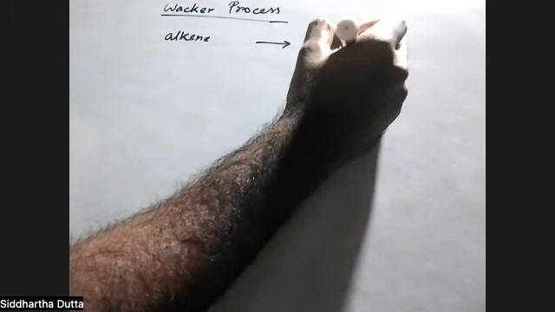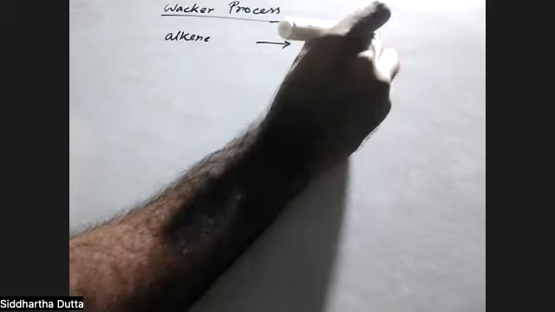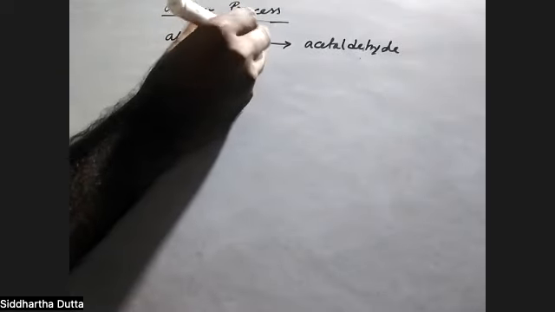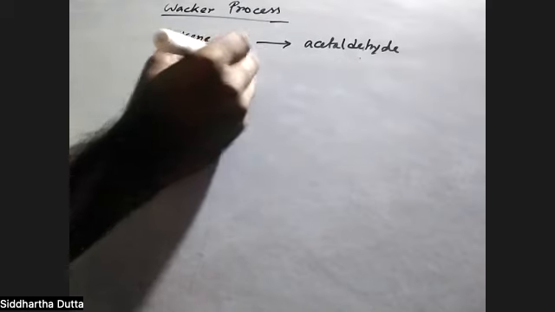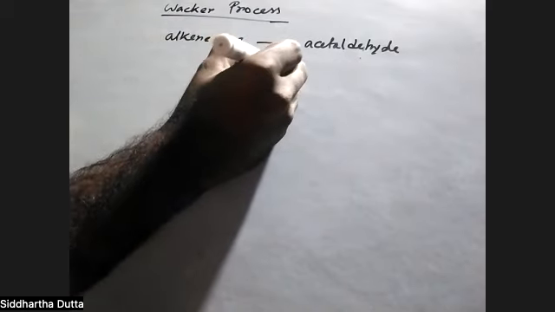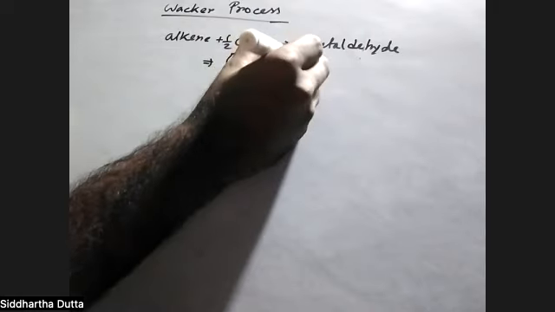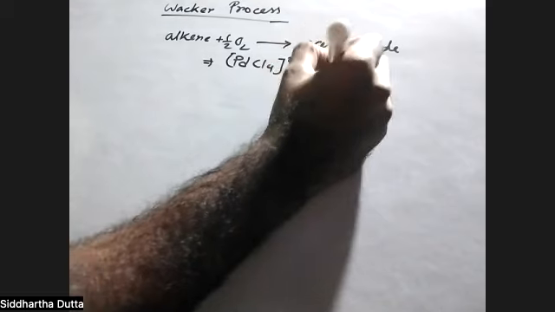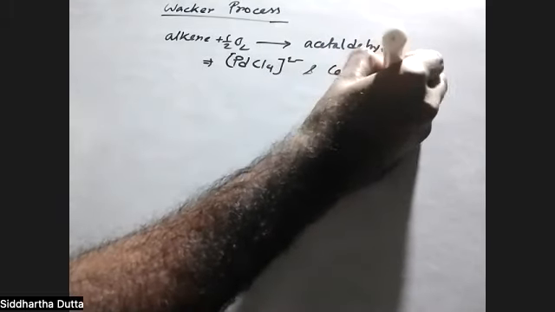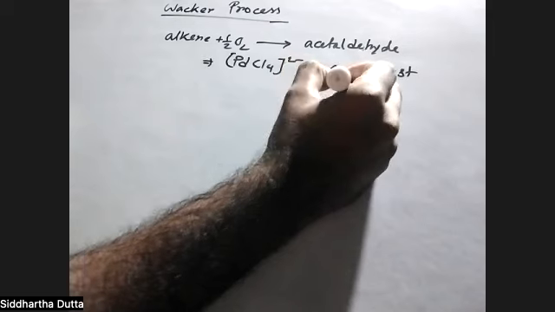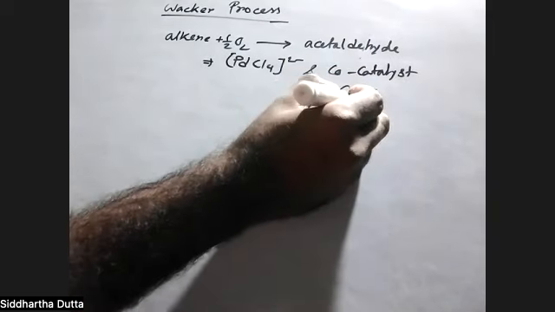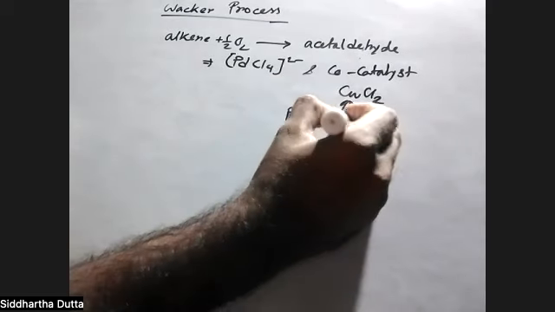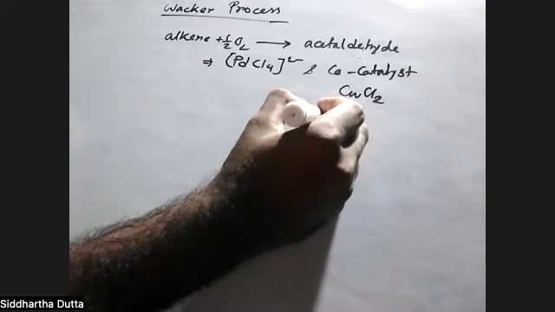In this process, we need half O2, and the catalyst used here is PdCl4 2-, and the co-catalyst used is CuCl2. The co-catalyst CuCl2 is used to revive Pd from Pd0 to Pd2+. So this is called Wacker process.